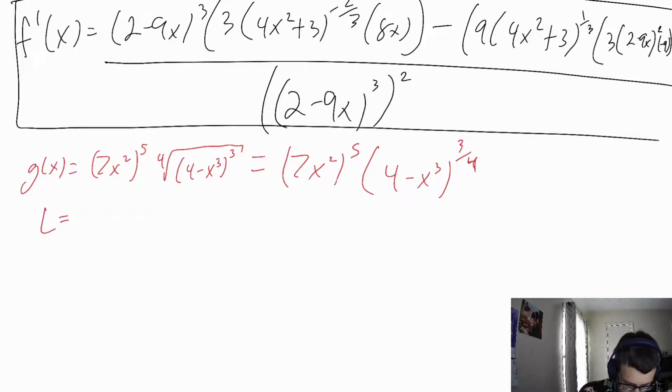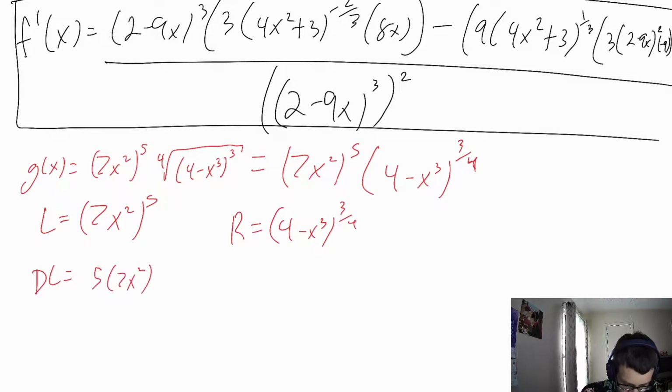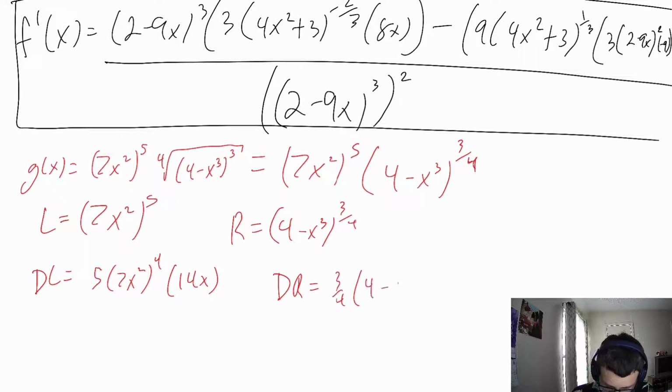So our left-hand part is 7x squared to the 5th. Our right-hand part is 4 minus x cubed to the 3/4. The derivative of the left is 5 times 7x squared to the 4th times 14x. And the derivative of the right is 3/4 times 4 minus x cubed to the minus 1/4 times minus 3x squared.